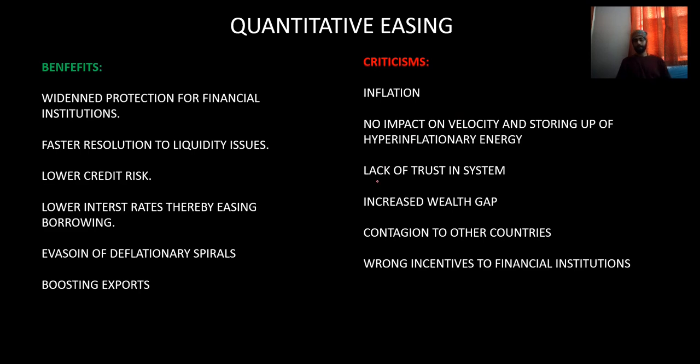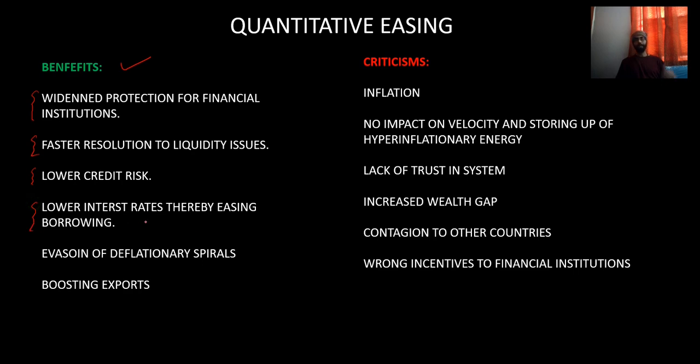So first let us discuss the benefits and criticisms of quantitative easing. The benefits, let us discuss that first. Widening protection for financial institutions, obviously, because if certain assets go bad or perform badly, the Federal Reserve jumps in and protects the financial institutions. In that way, a certain amount of financial stability is maintained. Then there is faster resolution to liquidity issues, lower credit risk, lower interest rates, thereby easing borrowing.